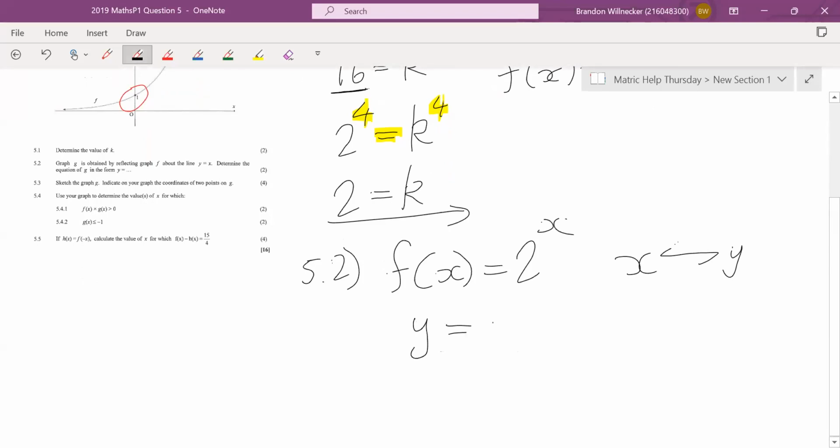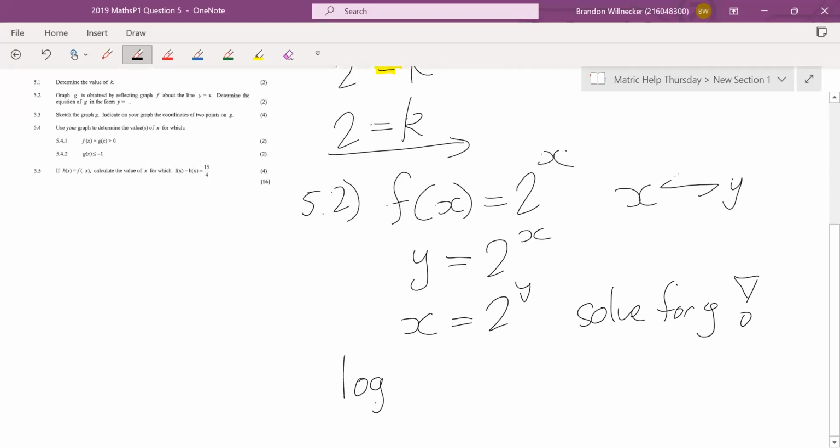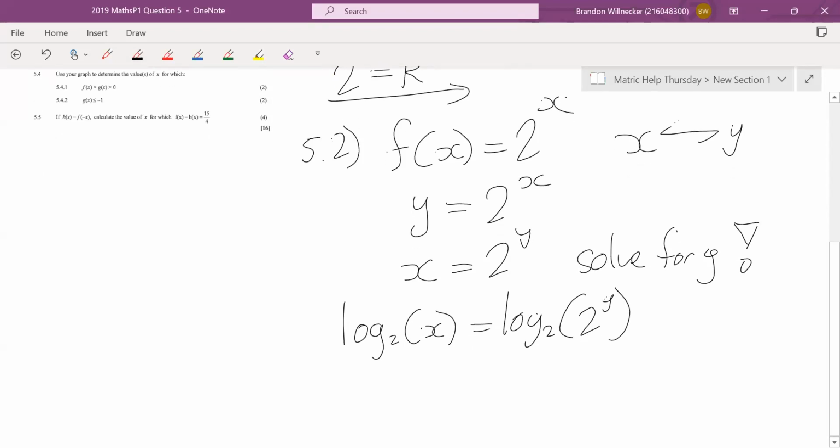So we have y is equal to 2 to the x. So x is equal to 2 to the y. But we can't leave it as this. We need to solve for y. How do we do that? We take the logs on both sides. So log base 2 of x is equal to log base 2 of 2 to the y. Why did I choose log base 2? Because I've got a 2 over here.